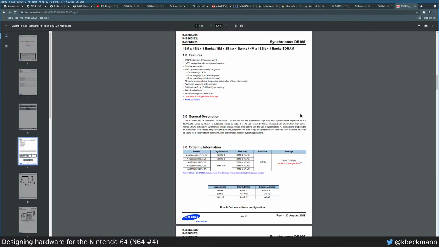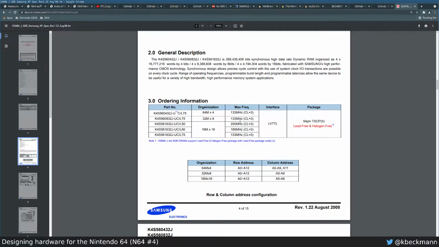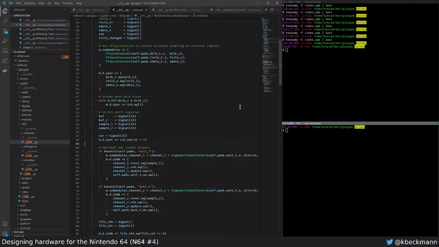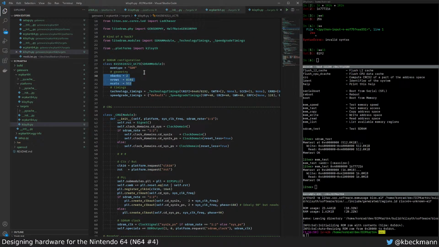I have a hard time reading these specifications, like 16 million times 16 wide. Anyway, the way I configured it was to use this geometry. We have two banks. Maybe there are more banks, I'm not sure, but we have two bank pins at least.